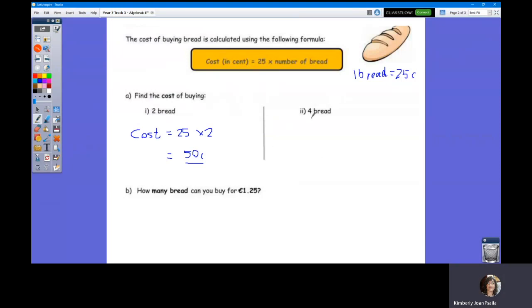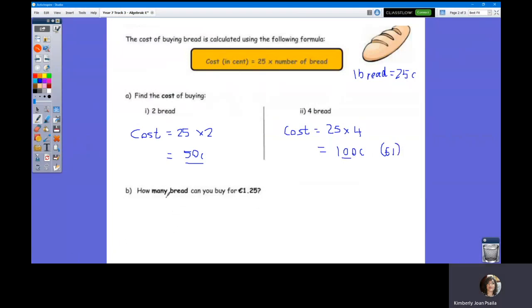Now I have to buy 4 bread, so cost, always using the formula given, is equal to 25 times 4. Now 25 times 4 gives us 100 cents. If he tells you to change this to euros, you know that 100 cents make up 1 euro.